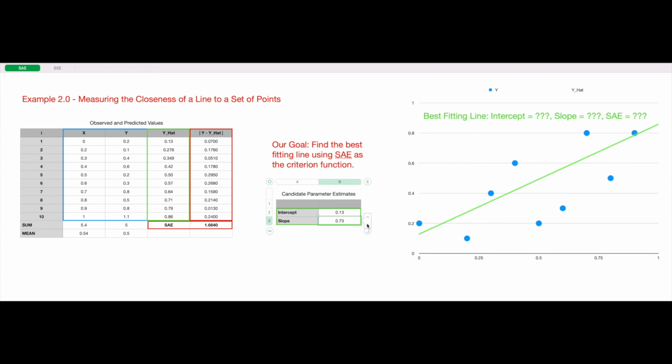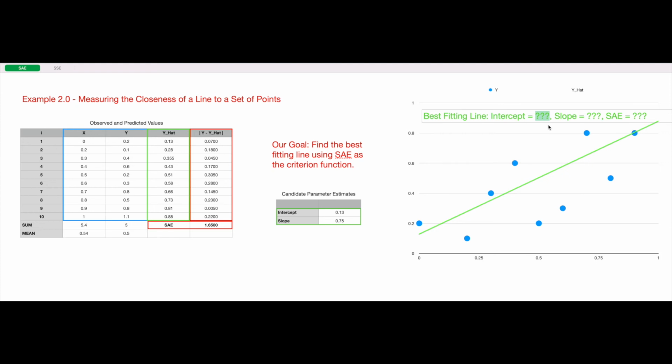Okay, so it looks like the minimum value of SAE is going to be about 1.65, and that occurs when the intercept is 0.13 and the slope is 0.75. All right, so we can go up here and let's just put those values in.